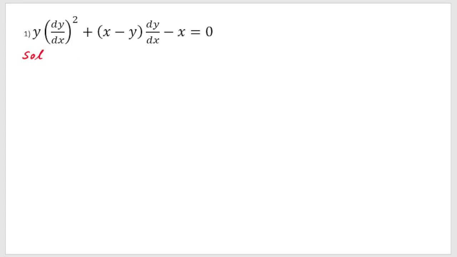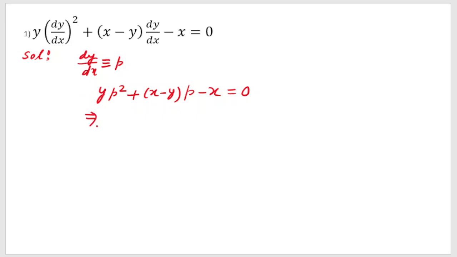So how do I write the solution? As I have told you, first replace dy by dx by p. So this becomes yp square plus x minus y into p minus x is equal to 0. Now I have to solve it for p. So how can I solve it for p? I can factorize this equation.